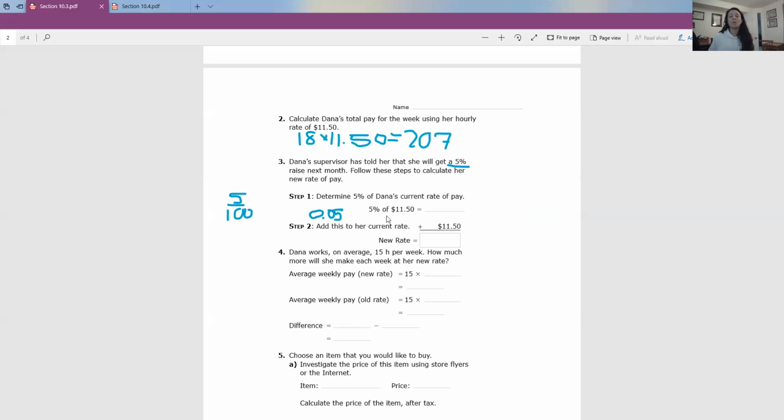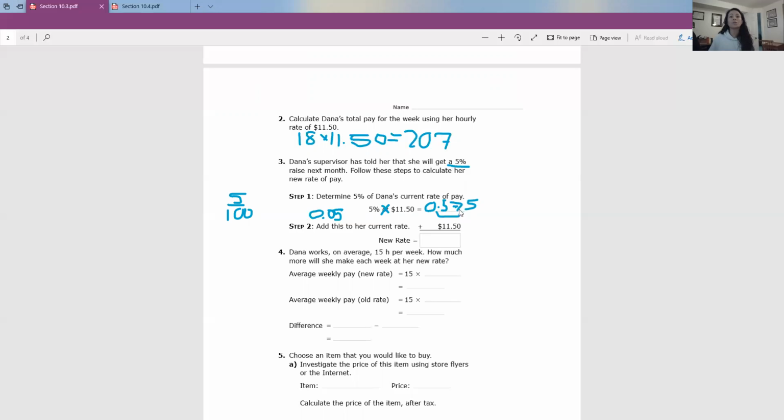So when we're calculating 5% of 1150, we're going to take 5% and we're going to multiply by 1150. But 5% is 0.05. So you should get, now there's 3 decimals here, 0.575. Now, when we're dealing with money, we only look at 2 decimals, but you still have to follow your proper rounding rules.